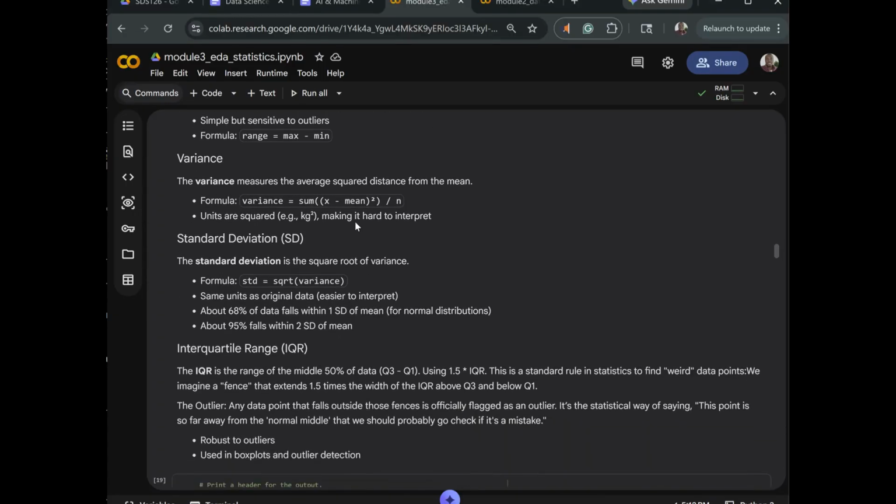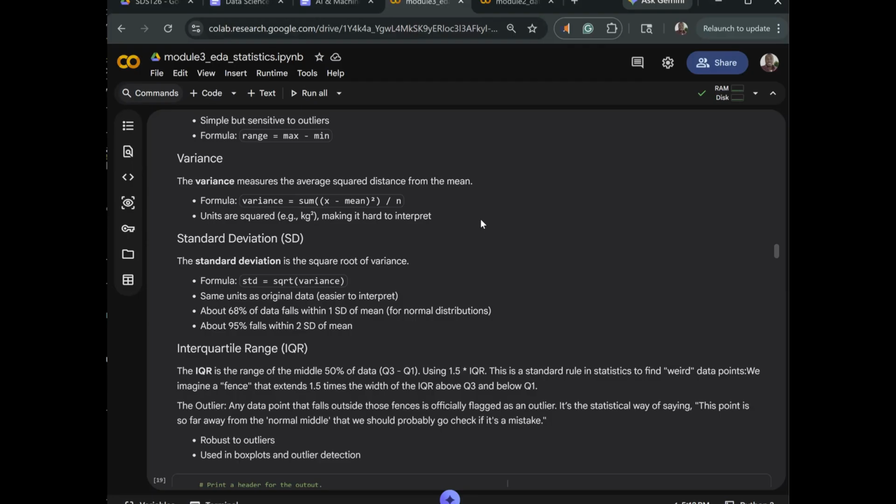Then variance measures the average squared distance from the mean. Variance gives us high level knowledge of how far our mean is from the middle of the distribution.